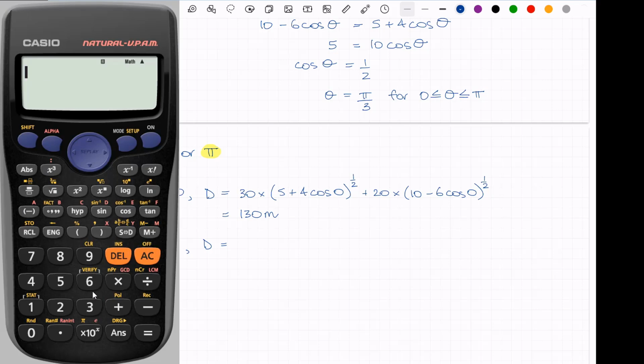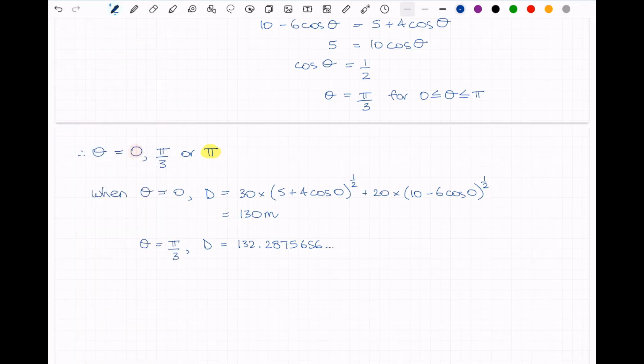So we're going to have 30 times the square root of 5 plus 4 times cos of A, plus 20 times the square root of 10 minus 6 times cos of A. And we press equals, and we get 132.2875, and that's probably going on forever, meters.